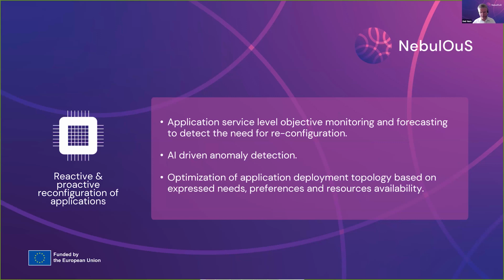For instance, if there is an increase in the number of users of an application, then you can scale in advance and be ready to offer the reconfigured and better application closer to the user, if that is needed, on time.